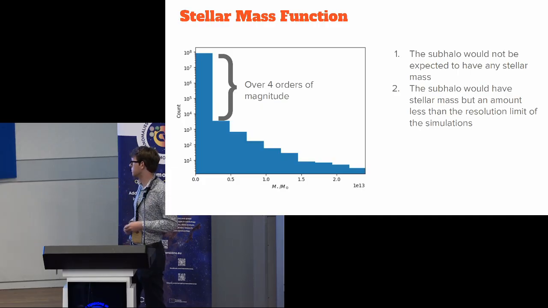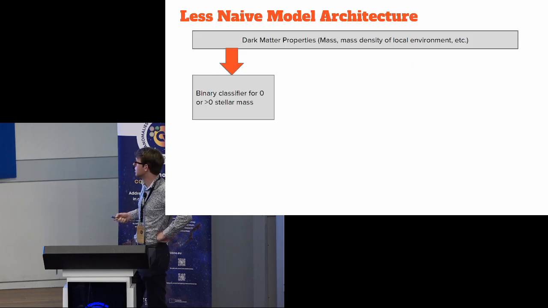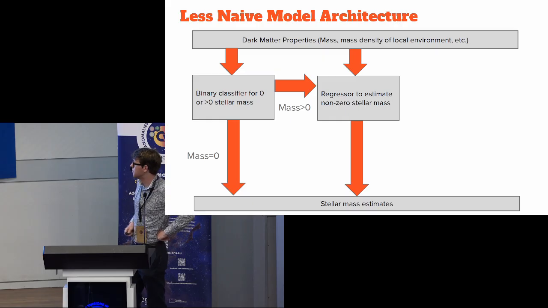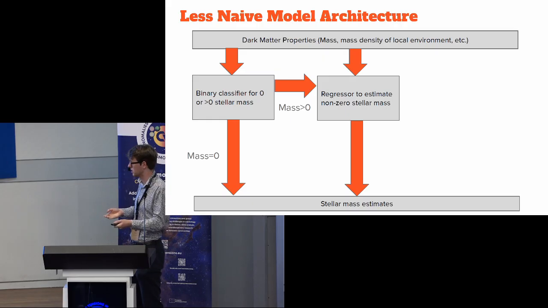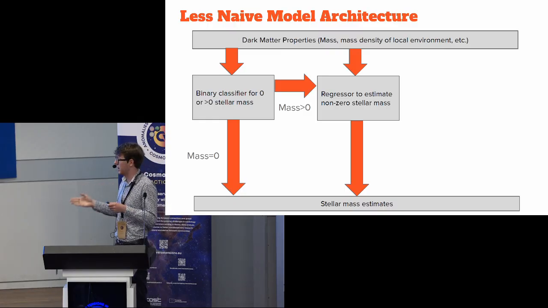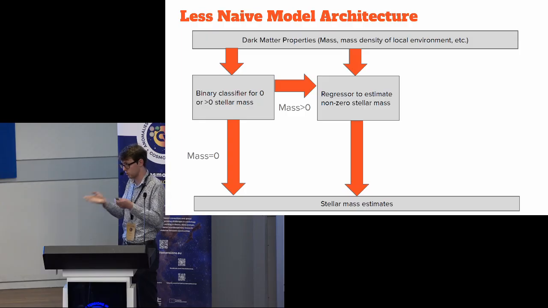So we can go one step further from that kind of naive model, and then instead have a binary classifier that says, does this halo have stellar mass or does it not? And if we think it doesn't have any mass, there we go, we've got our estimate, it's 0. Or if we think it has got some mass greater than 0, we could then do a regression on the mass to get an estimate.